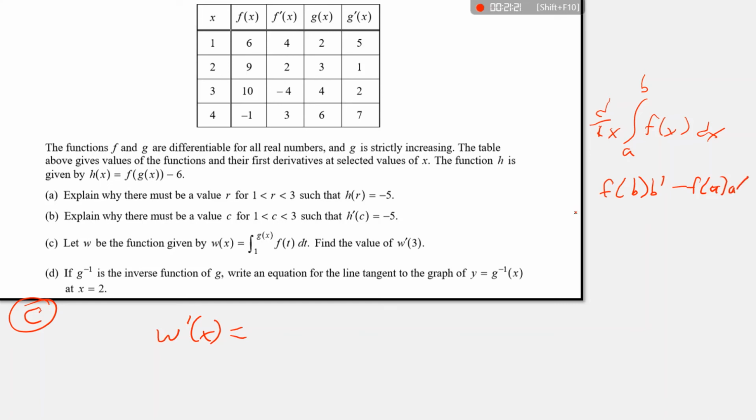Okay, so we're going to do the same thing. So this will be f of g of x times the derivative of our upper bound, g prime, minus f of 1 times the derivative of 1.